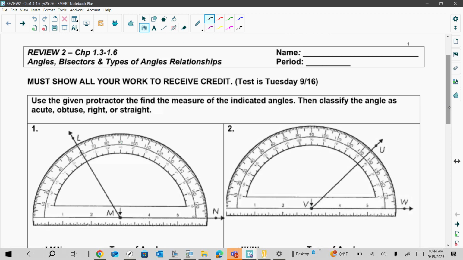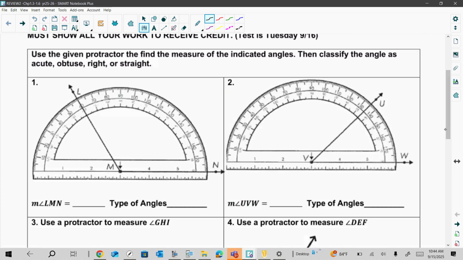You will be asked to measure angles using a protractor. So the first two, they just have it all set up for you. The vertex M is at the center, right here. And the ray M in here goes through the 0, which is right there. So you look at the other ray, and I see it's over here.